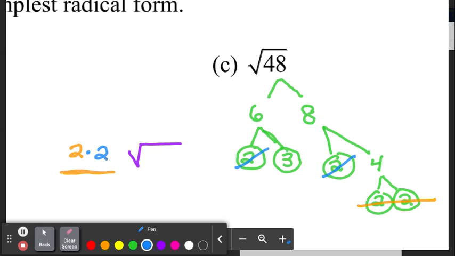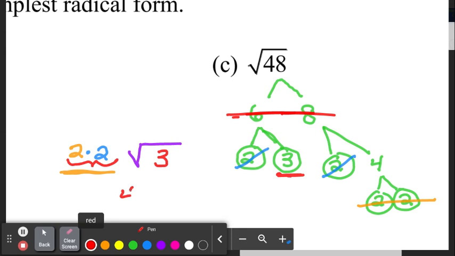So each set is one number. Now this 3 doesn't have a partner, so that's going to go in here. The 6 and the 8 I'm not really looking at because those aren't prime numbers. Oh, and the 4. So now to fully simplify this, I multiply 2 times 2, and I have 4 square roots of 3.